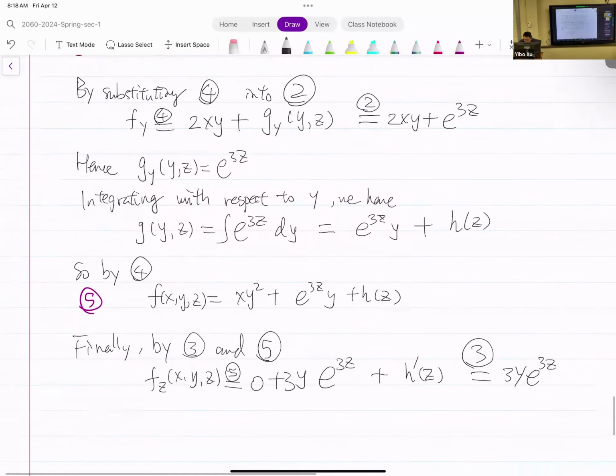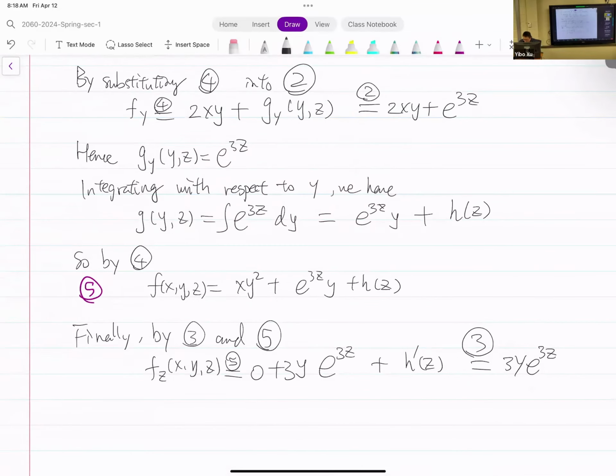So we know that h prime has to be 0. Therefore we know that h must be a constant, right? So now we see that h is only in terms of z, and the rate of change is 0. So that tells you this is an absolute constant.